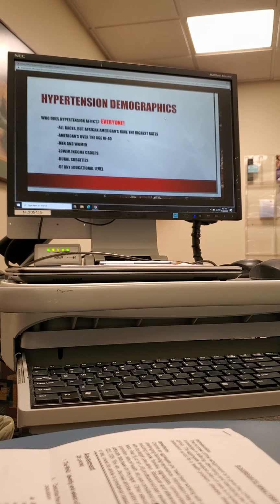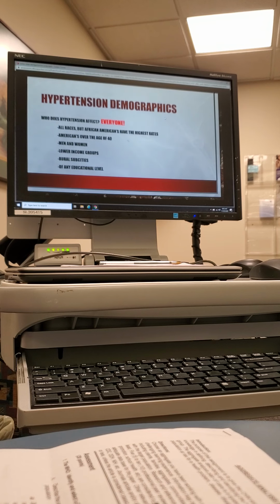Americans over the age of 40. Now, that's not saying only Americans over the age of 40. There are several young people who have been diagnosed with hypertension under the age of 40. That does not exclude children either, based on certain diseases that they may have. Men and women. It affects both men and women.